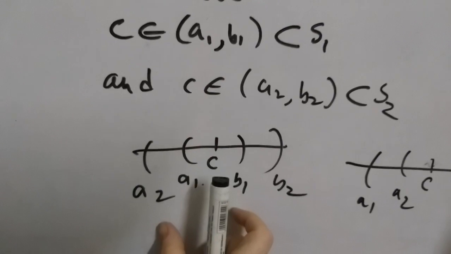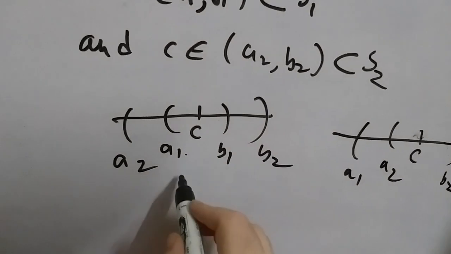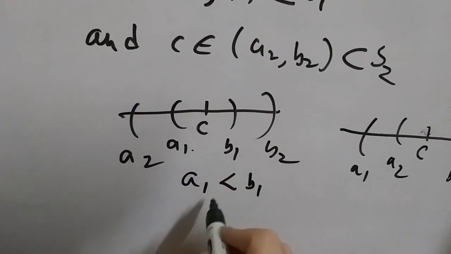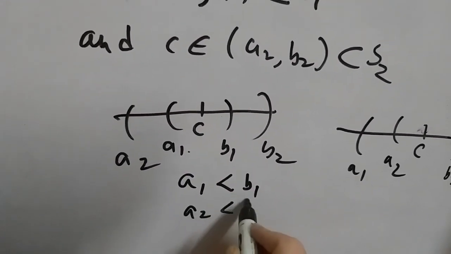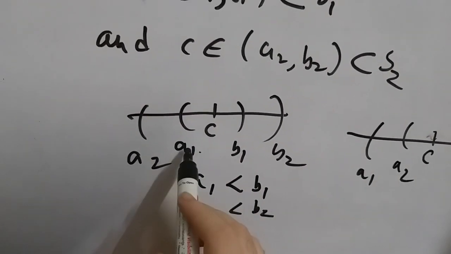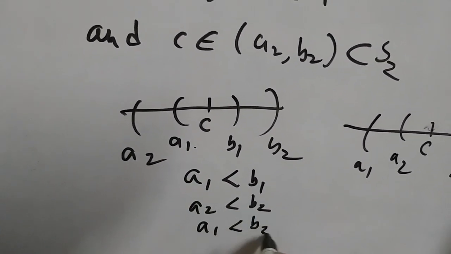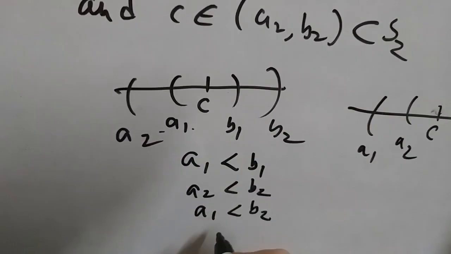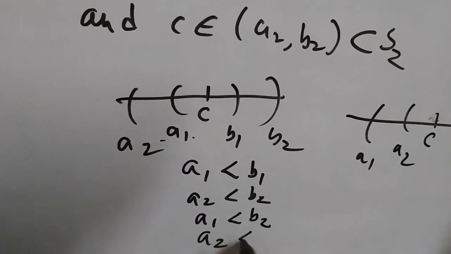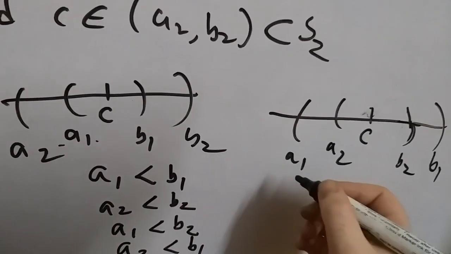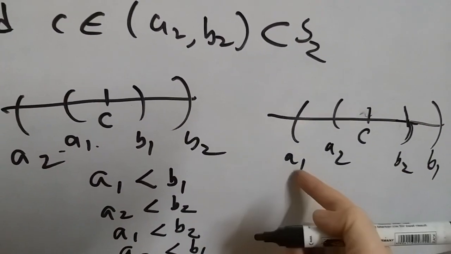Now from this interval, a1 less than b1 and a2 less than b2, and a1 less than b2 and a2 less than b1. Also from this, a2 less than b2 and a1 less than b1.